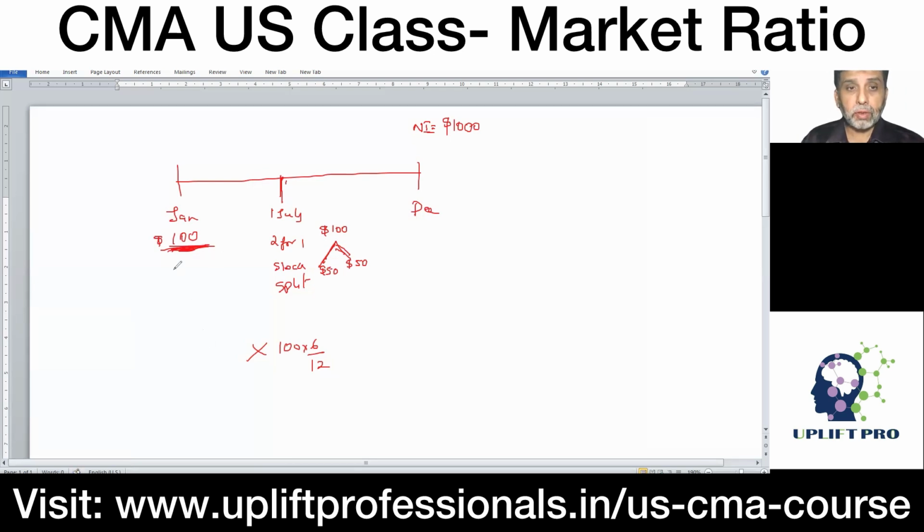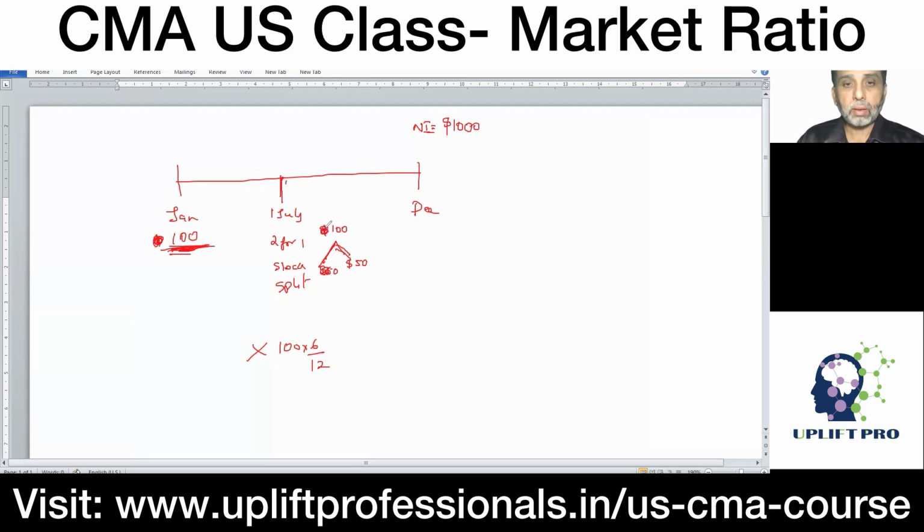So similarly, for stock split and for stock dividend, you do not take average because no money is coming in. Is that clear? Now, this is not dollars, this is shares.